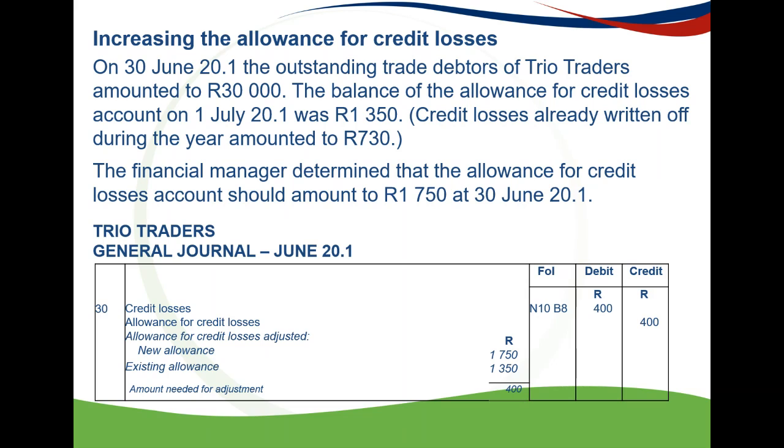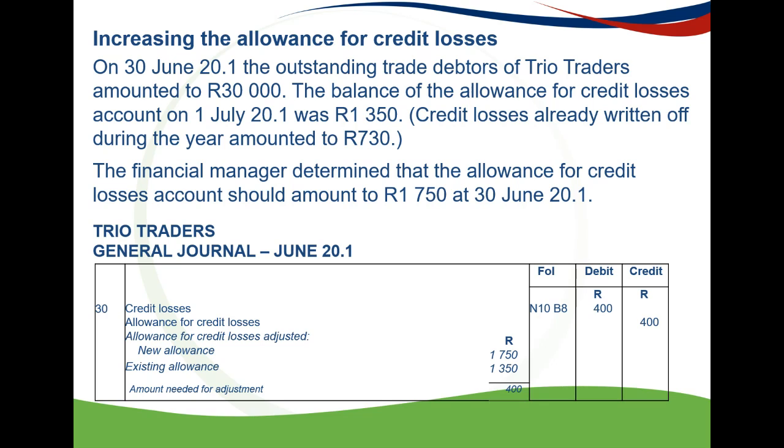The allowance for credit losses has a credit balance, and to increase that credit balance, we must credit it with 400 rand. So we credit our allowance for credit losses with 400 and we debit the credit losses with 400.